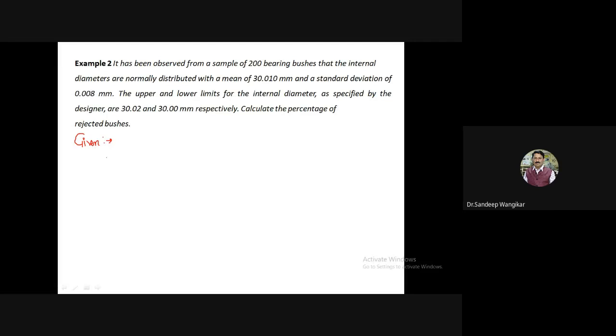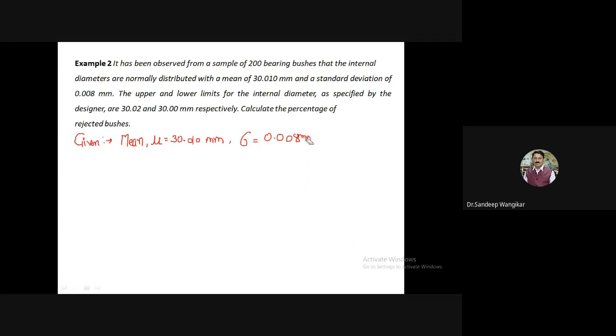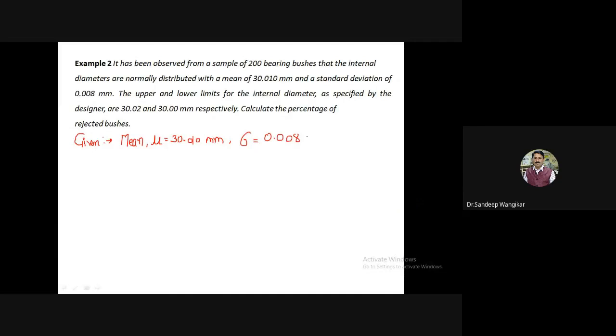Very first, mean is given, so I will write down here mean, mu is equal to 30.010 millimeters and standard deviation is given, sigma is equal to 0.008 mm. Mean is given, standard deviation is given.